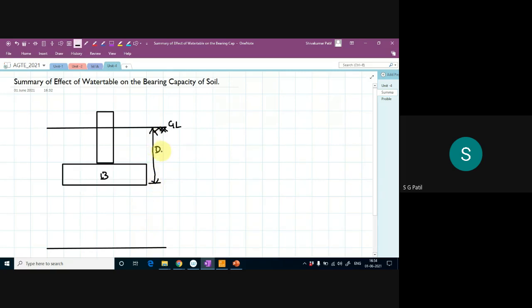This depth is equal to your width of foundation, that is B. Let me write D only. Sometimes I will write D and sometimes D suffix F. Don't get confused, both are the same.